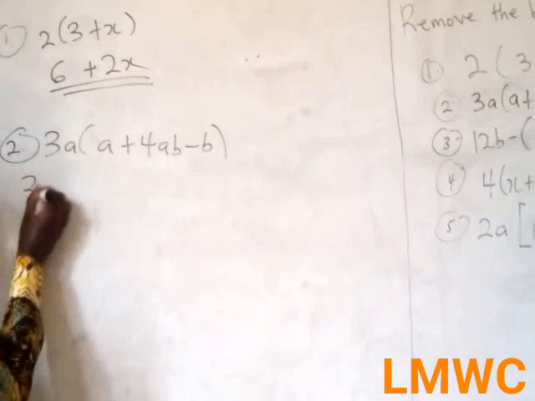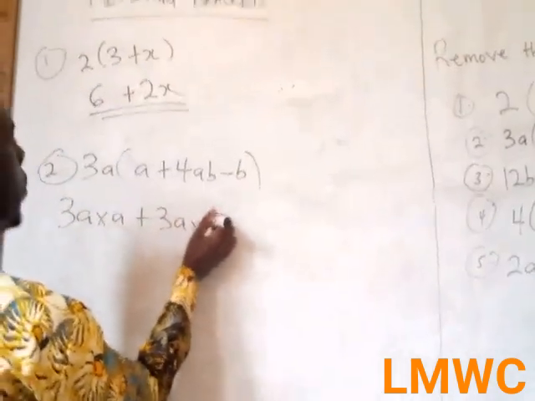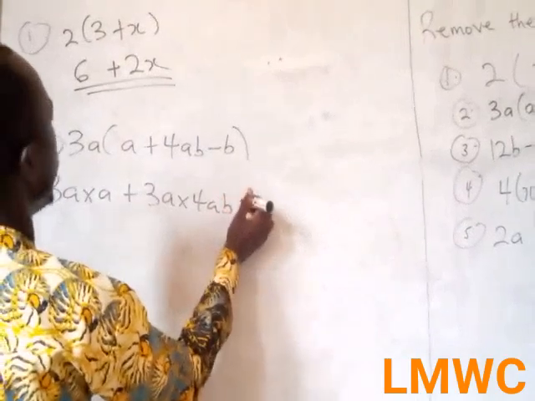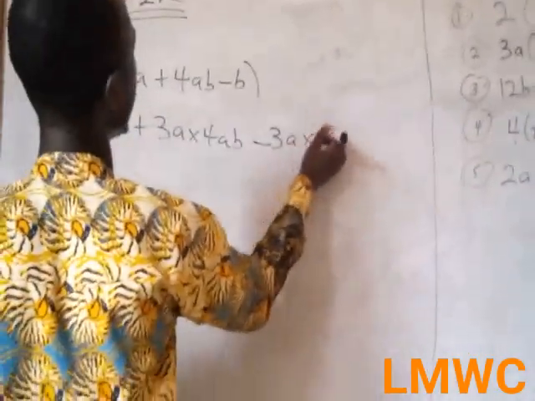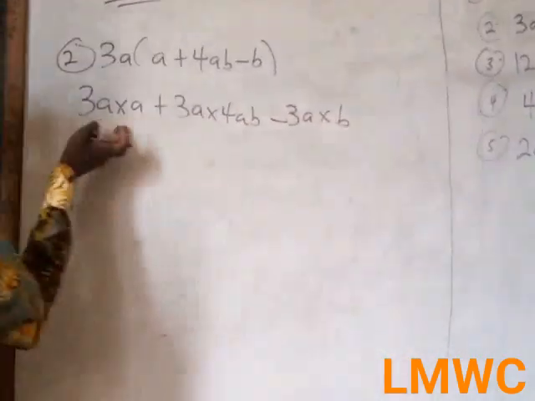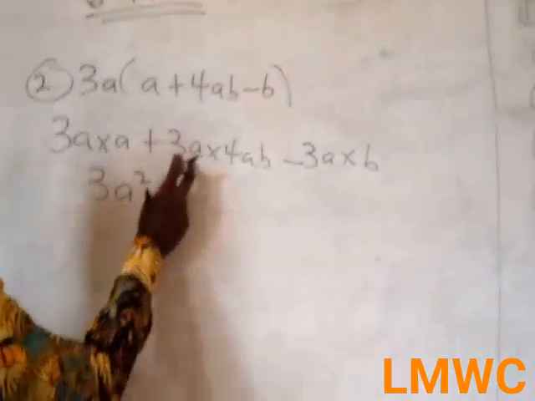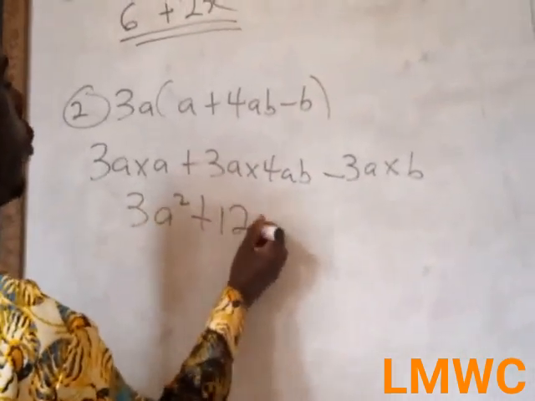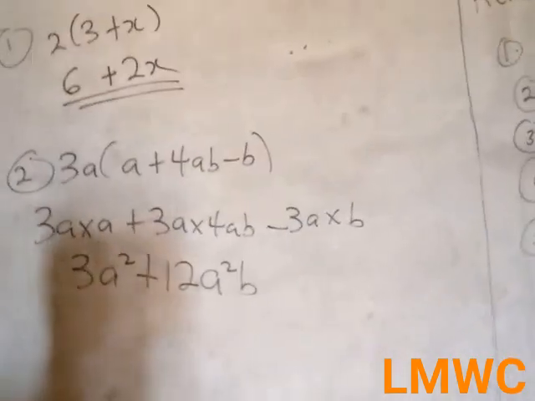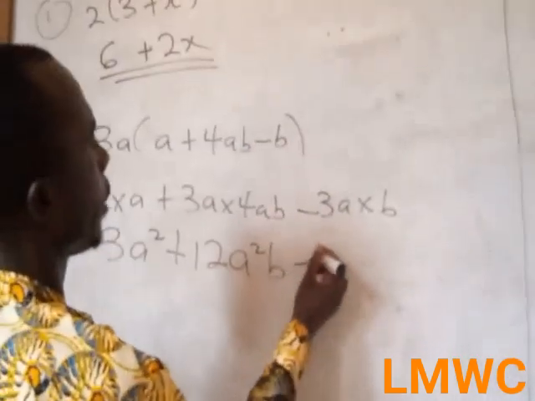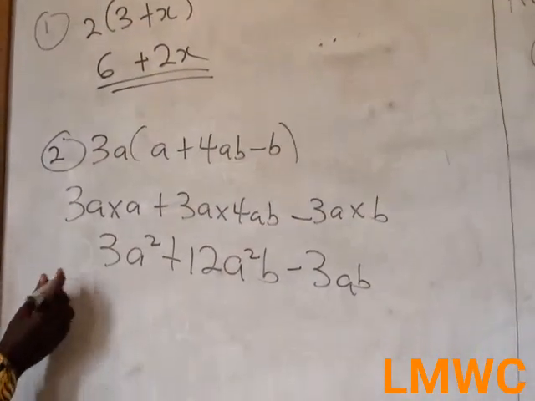So it becomes 3a times a plus 3a times 4ab minus 3a times b. So 3a times a is 3a^2 plus 3a times 4ab is 12a^2b, because a is multiplied by itself 2 times, and this time this is negative 3ab. So I've expanded it, or removed the bracket.